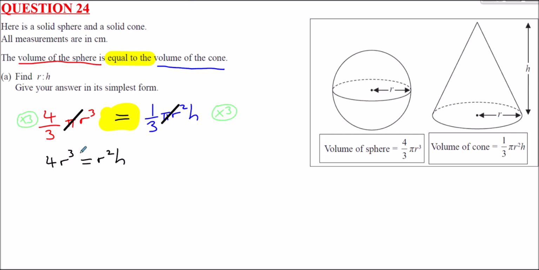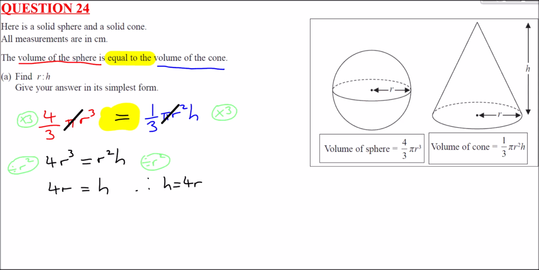I can now divide on both sides by not just r, but by r squared. I could have done that in one step earlier, you may be thinking, and if you're comfortable doing that, by all means. So this side, 4r cubed divided by r squared is 4r. r squared h divided by r squared is h. So therefore, I can see here that h equals 4r.